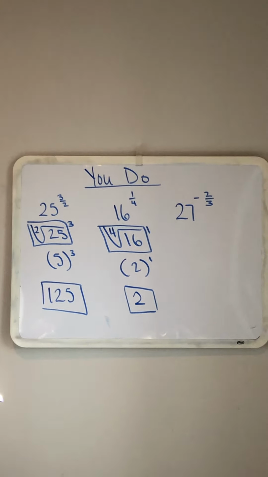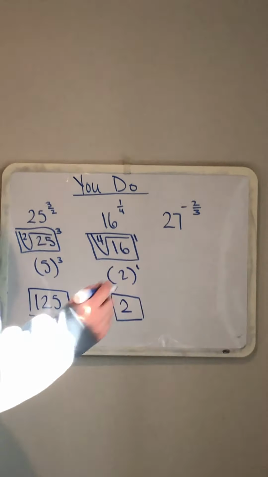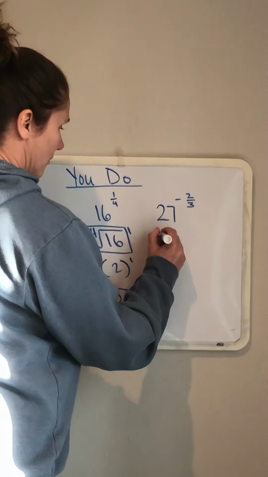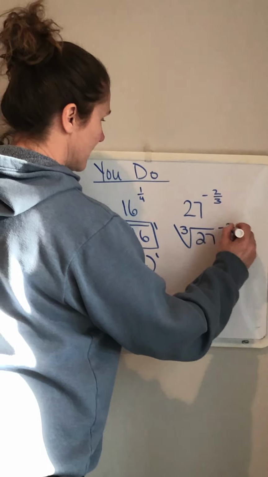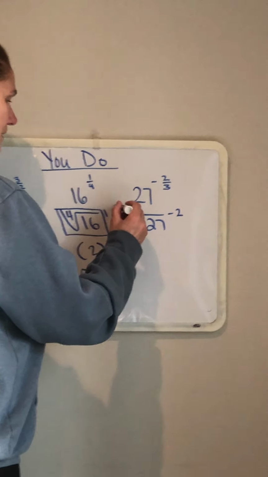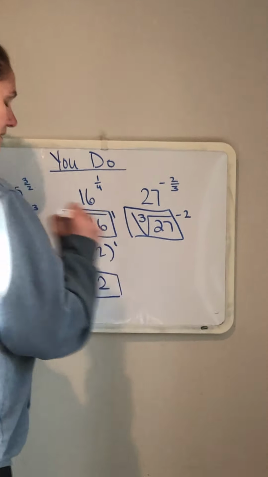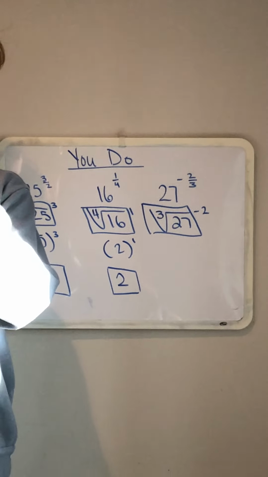Third one, 27 to the negative 2/3. I know the negative was hard to read. Means the cube root of 27 to the negative 2nd. Starting with the root. Cube root of 27. What times what times what makes 27? That is 3.